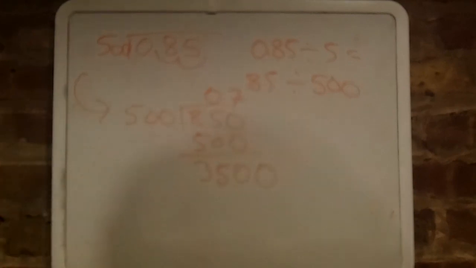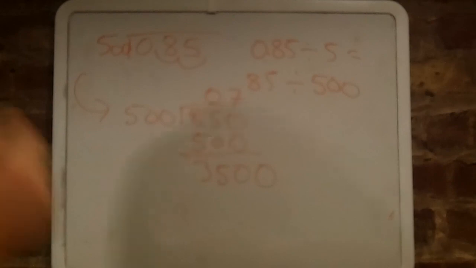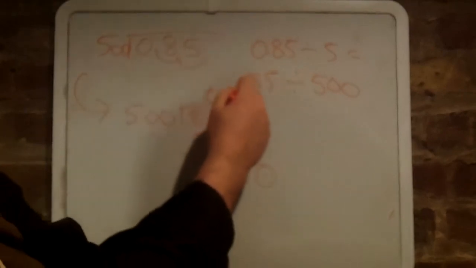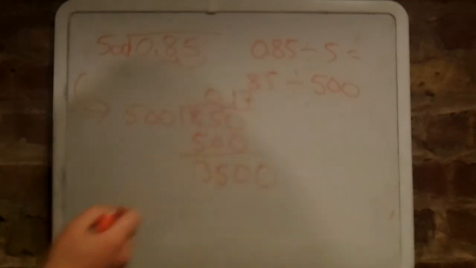Let's see. There's something that doesn't seem quite right about that answer. 0.85 divided by 5 should be a lot less than 0.7. Where is my mistake? Oh, that's not 0.7, it's 0.17. My mistake, I jumped the gun there.